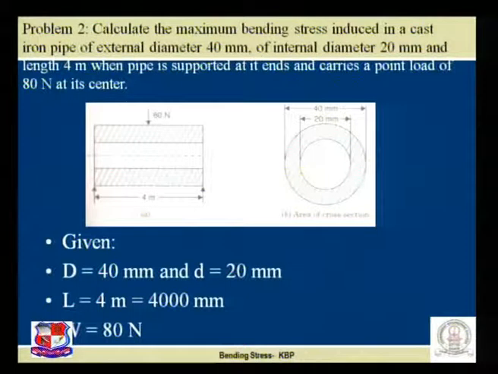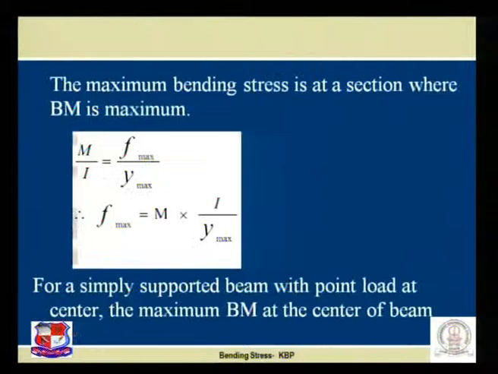So now let us come to our problem. The maximum bending stress is in the section where the bending moment is maximum, which we have discussed. So M over I is equal to F over Y, and F max is equal to M multiplied by Y max over I. For a simply supported beam with a point load at the center, the maximum bending moment acts at the center of the beam.